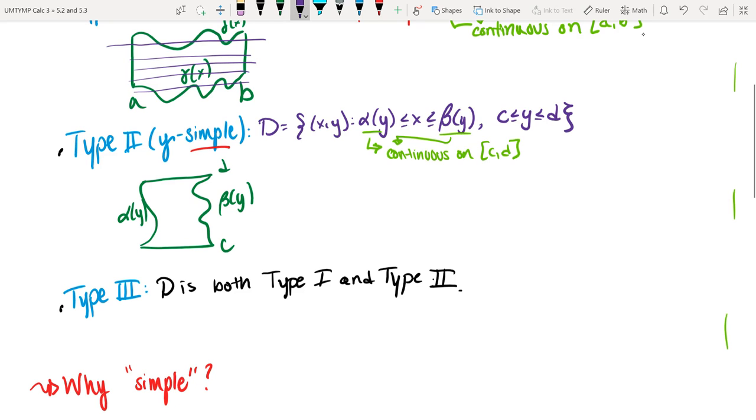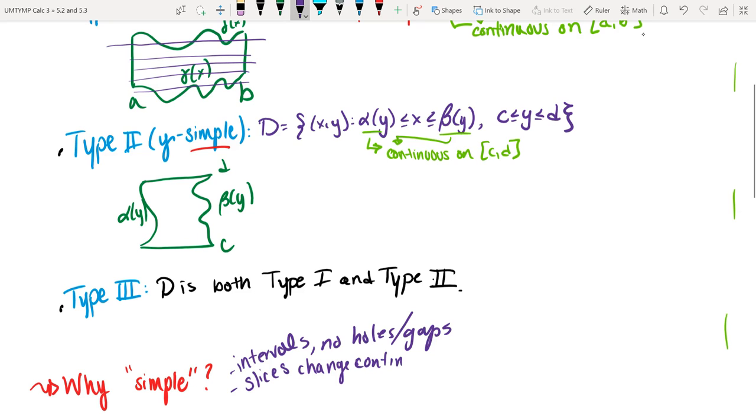So we really want these slices to be nice intervals. And so we don't want any holes or gaps. And we also want the slices to change continuously. And this last part is because of those boundary continuous functions.